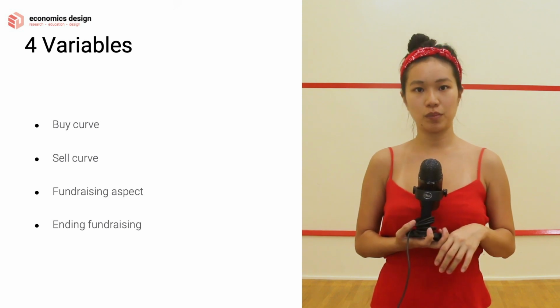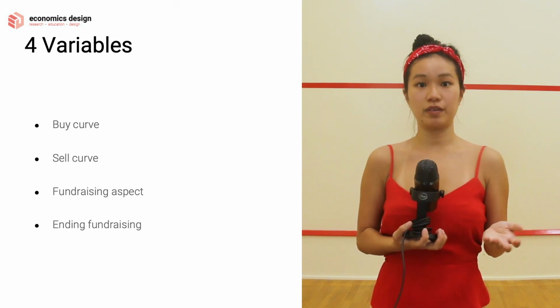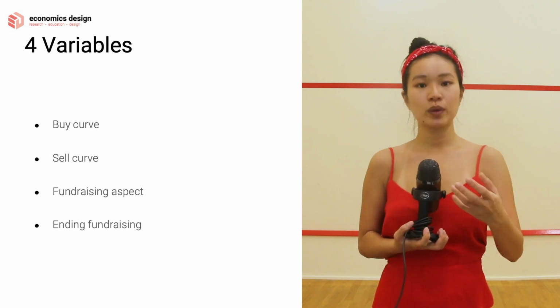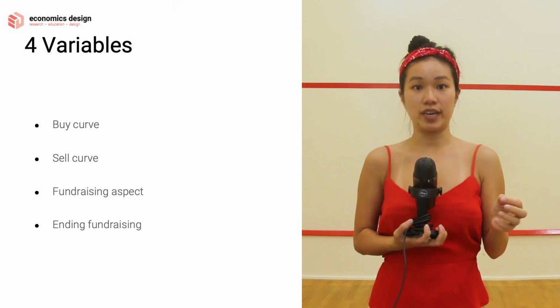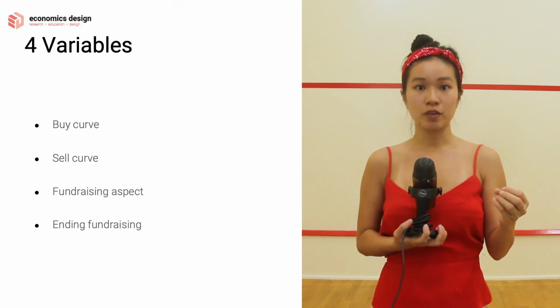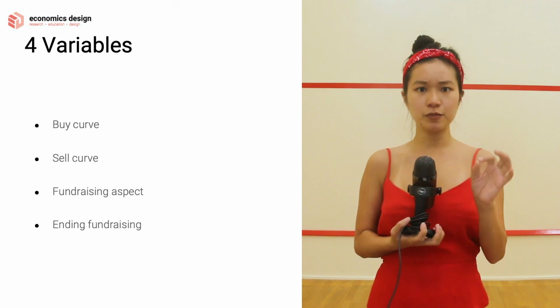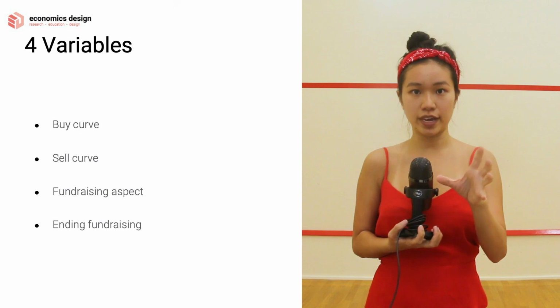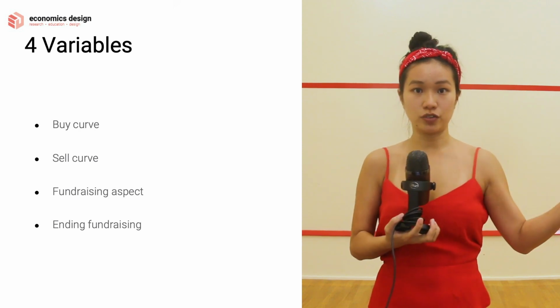Ending the fundraising is very important because some projects do not always need to be fundraising continuously, right? With all these different research, you open a bonding curve for a specific research. Let's say I'm looking at creating a COVID-19 vaccine for pregnant women. Very specific use case, and I'm fundraising to only be researching on this use case.